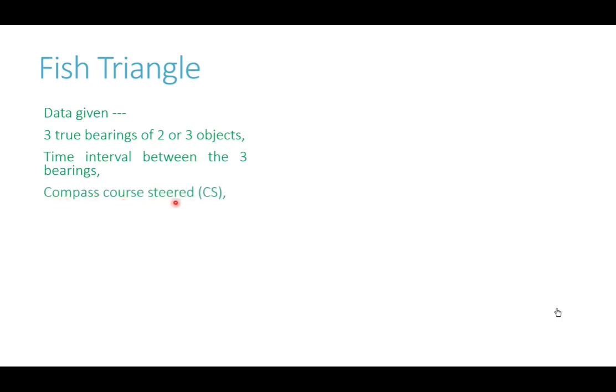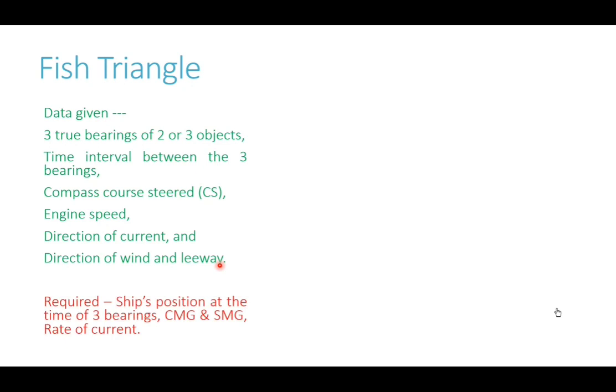The compass course or the true course being steered by the ship is also given. Engine speed is provided to us. The direction of the current is provided to us. And if wind is present in that area, the direction of wind as well as the leeway angle is provided to us. So this is all the information which is given in the question.